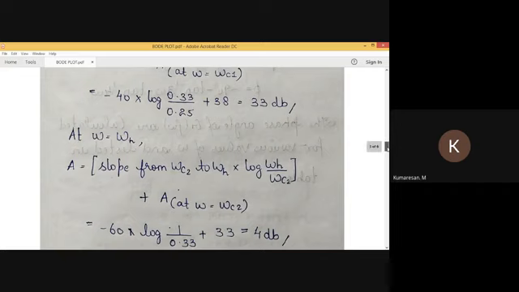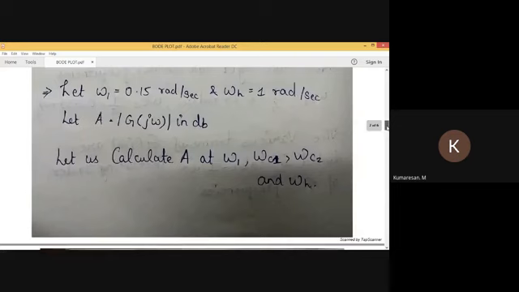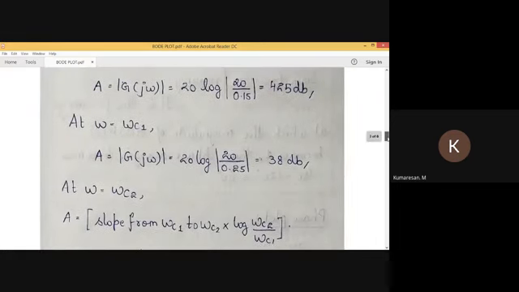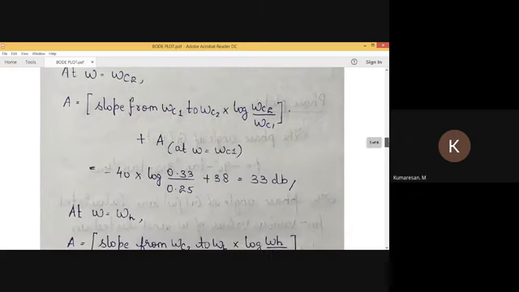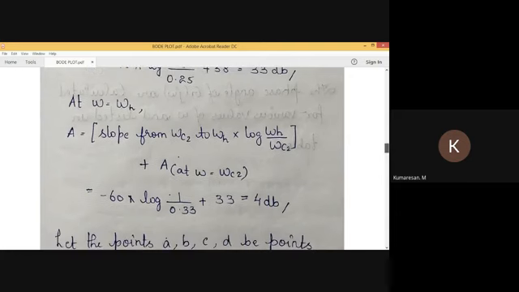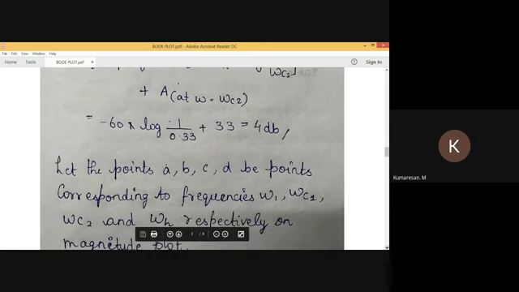So 42.5 for the lower frequency, 38 for the first frequency, 33 for the second frequency, and 4 decibel for the fourth frequency. These are the points A, B, C, D. From this we are going to draw the Bode plot.